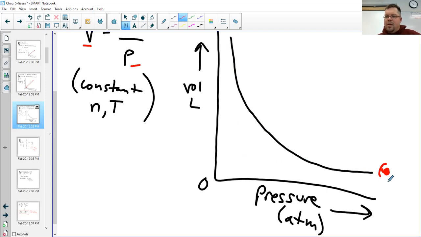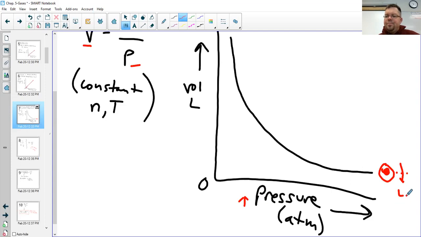I placed this red dot over here too because if you look at this, as this line reaches extremely high pressures, the volume of the gas will continue to decrease, but eventually it reaches a certain limit. Because at extremely high pressures, gases will start to transition from a gas to a liquid again.